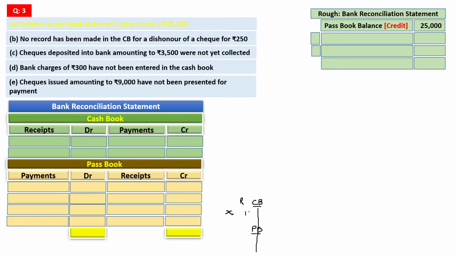From X, we received a check of ₹100. On dishonor, the banker will record here X 100, dishonor 100. Banker will always record this way. On dishonoring, the check I posted here as a receipt will be offset here, and the dishonor will be recorded only by the passbook, with no corresponding entry.